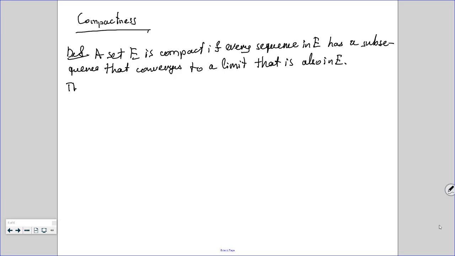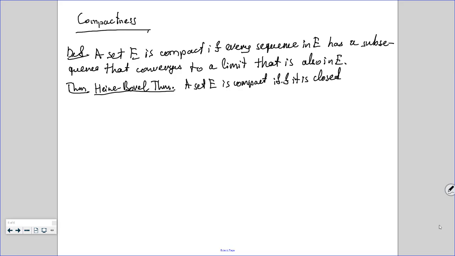The important theorem about compactness is called the Heine-Borel theorem, and it says that a set is compact if and only if it is closed and bounded.